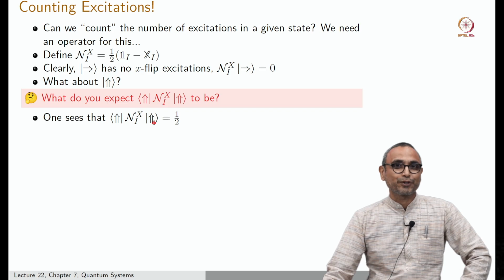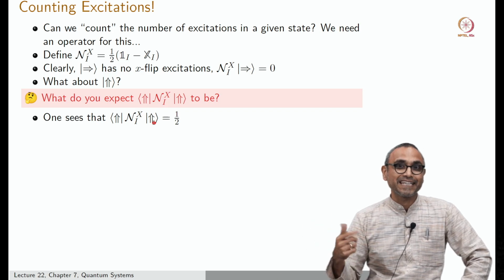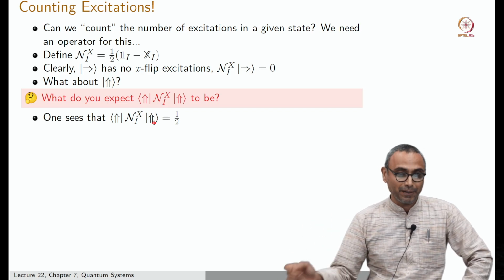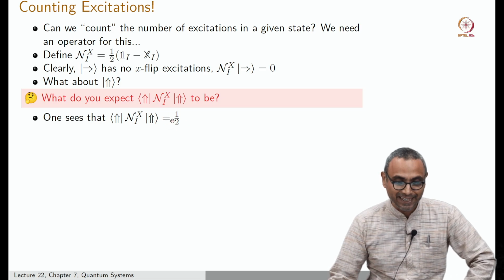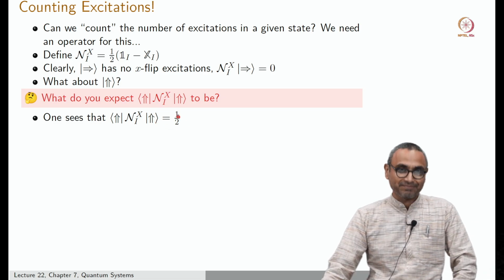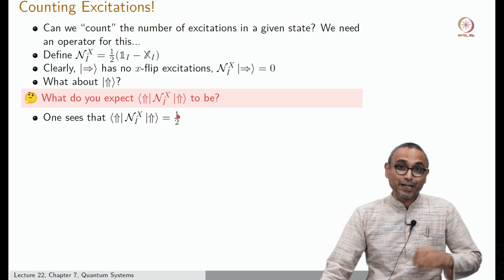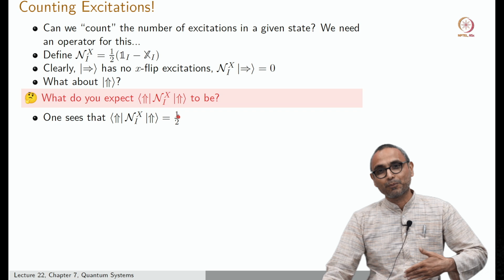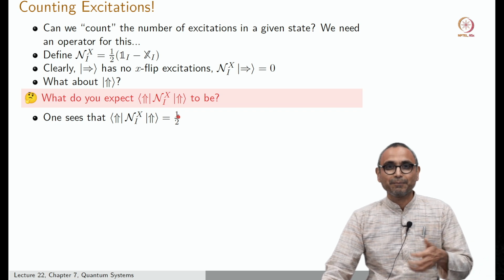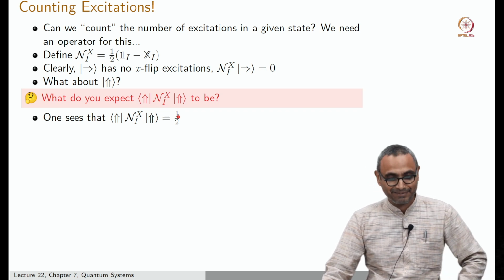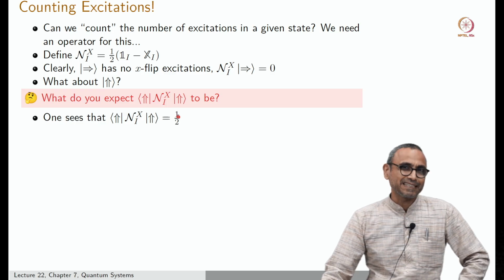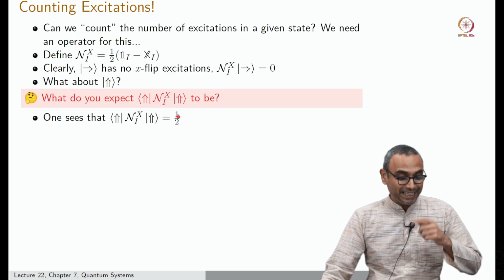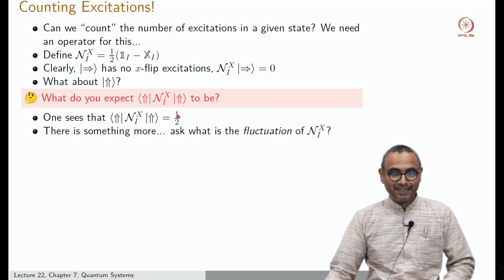So that will count for you 0 and 1 X-flip particle with equal probability, and therefore you will get an answer of 1/2. Okay. So it looks like the ferromagnetic state has equal probability of being no X-flip or X-flip particle. Not surprising at some level.